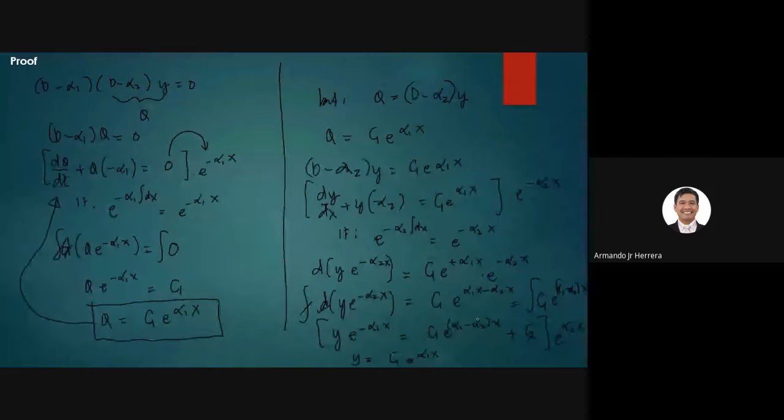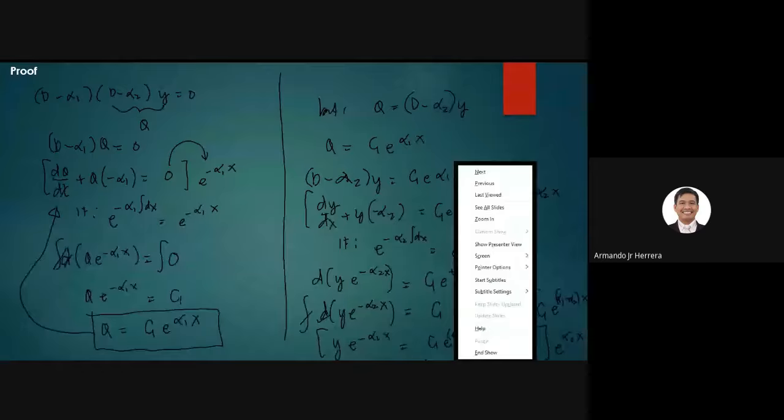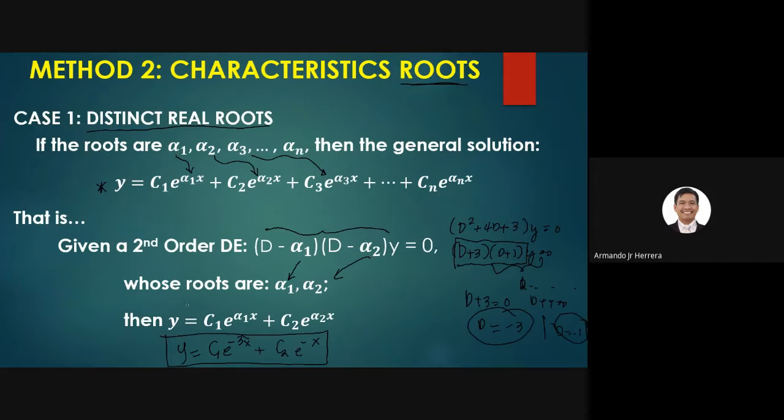Kasi pag inadd natin ang negative alpha 2 x at alpha 2 x, cancels out, matitira na lang alpha 1 of x, plus our c2 e raised to alpha 2 of x. So this will be our general solution, which is the same as that of here.